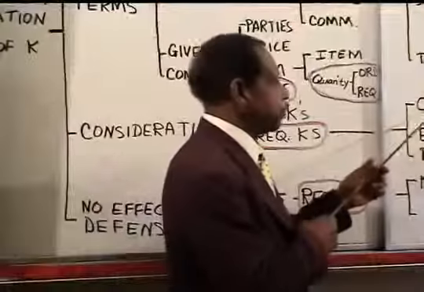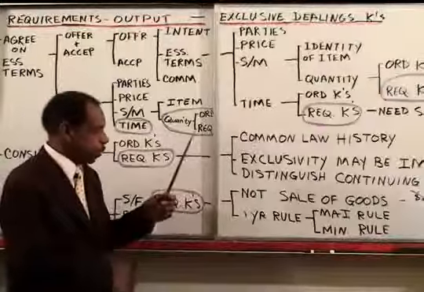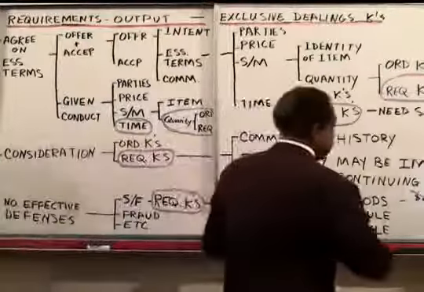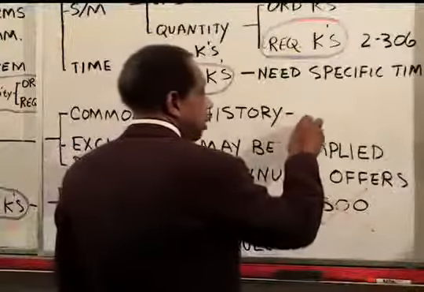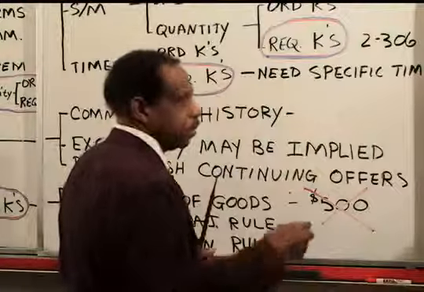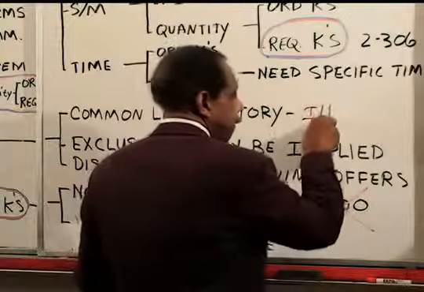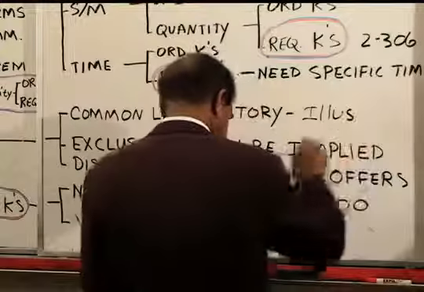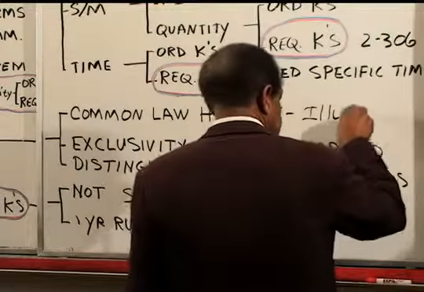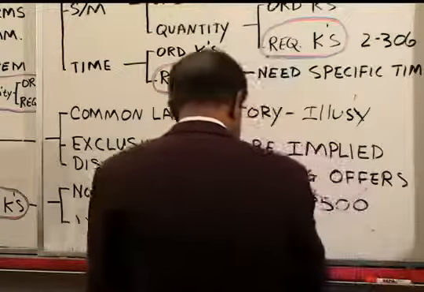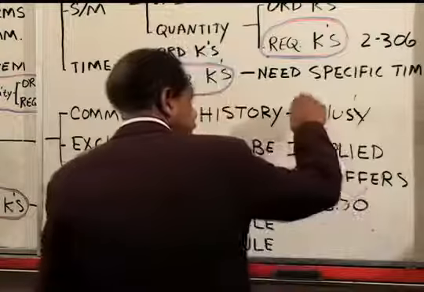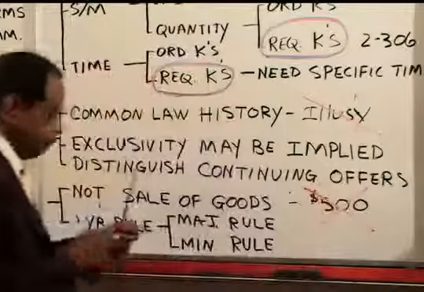And the common law history was that these contracts were treated as illusory. They were illusory on the grounds that the person's requirements might go to zero. And that's no longer the case.